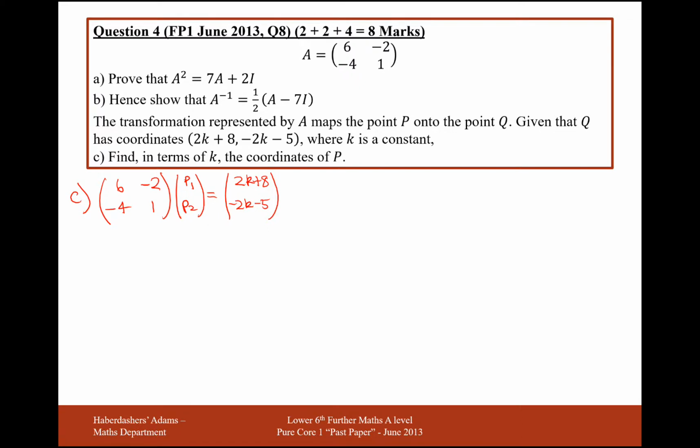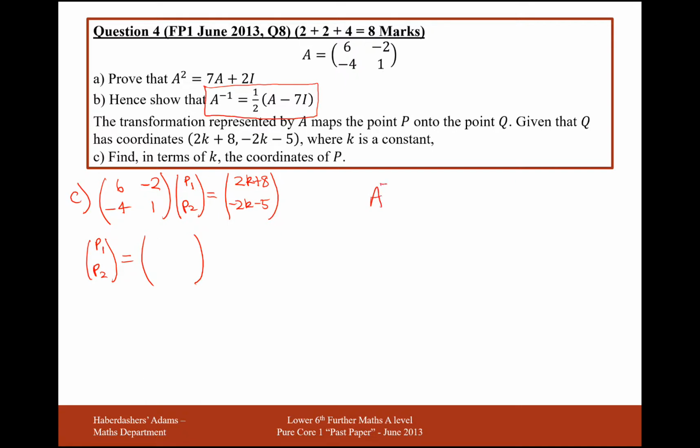So what we're going to have to do here to get rid of that matrix at the front, A, is pre-multiply by the inverse of A. So what this is going to look like is P1 and P2 equals the inverse of A times Q. Now first we need to work out what the inverse of A is. So I could either do this straight on my calculator, or I think what the question is looking for me to do is use this expression here.